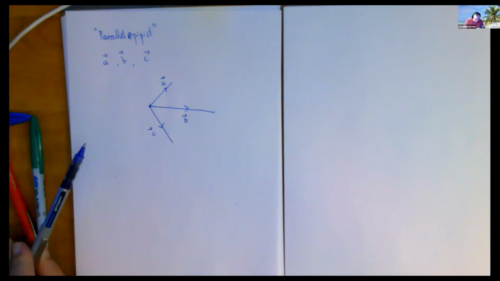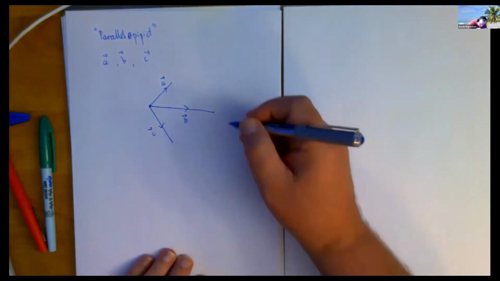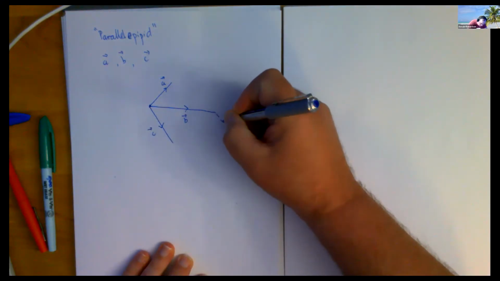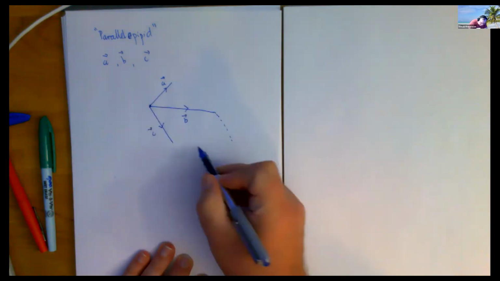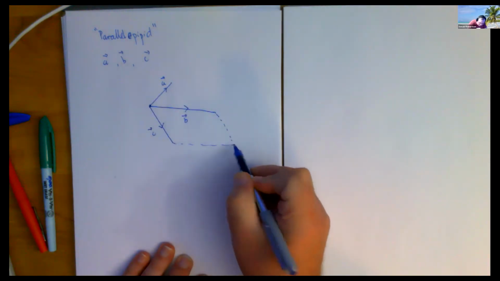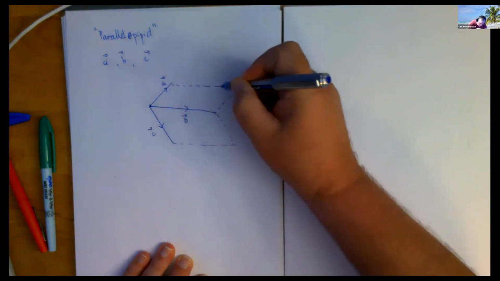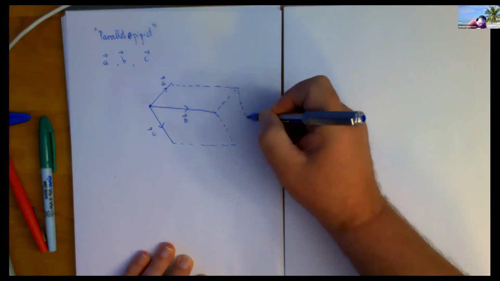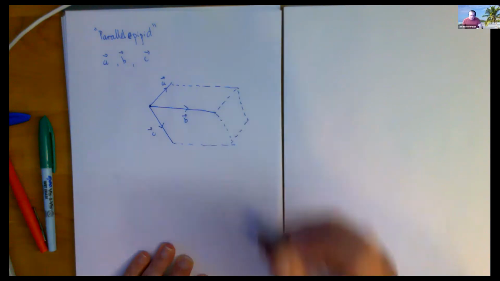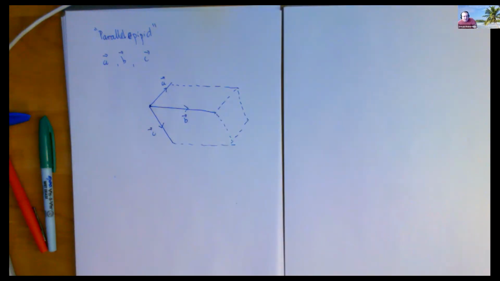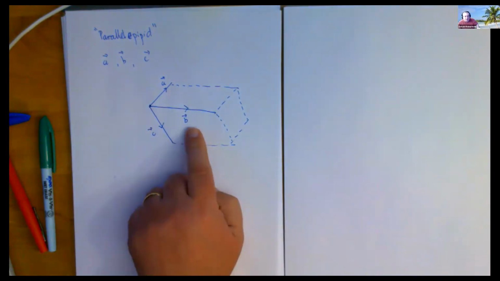Now, if you use a little bit of imagination and you do another vector parallel to this one and another vector going this way parallel to this vector and another one going this way and another one going this way and one going down this way and one going up that way. Do you see what I've basically built in 3D space? That's meant to represent 3D space.